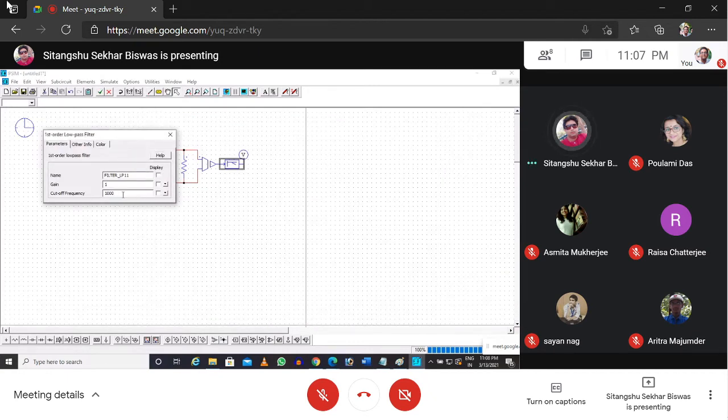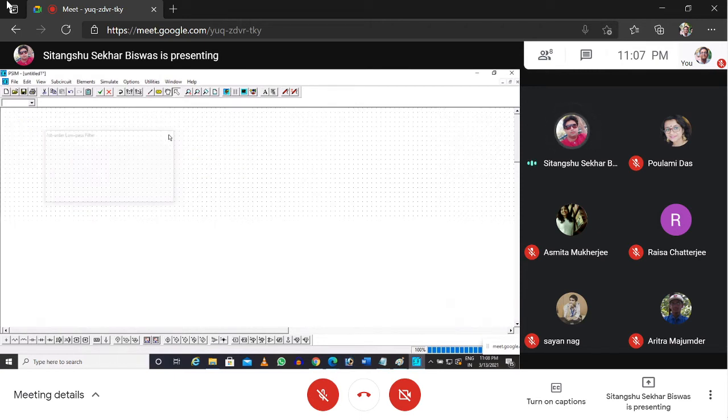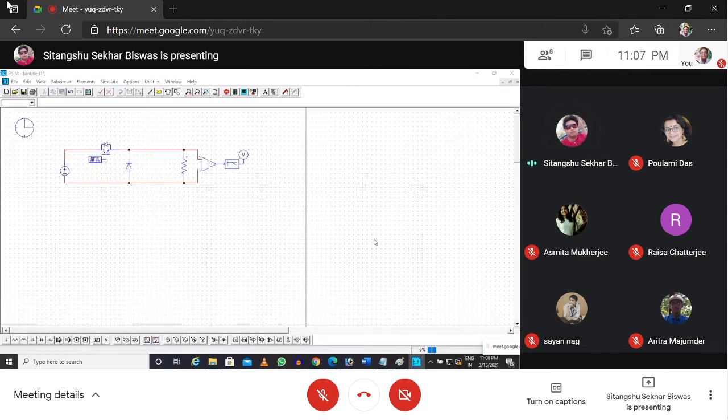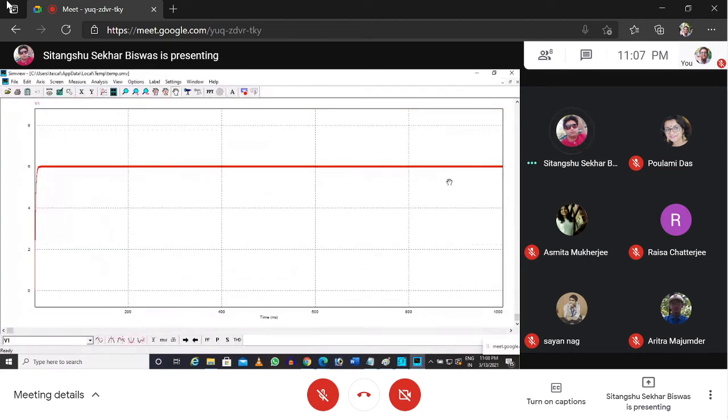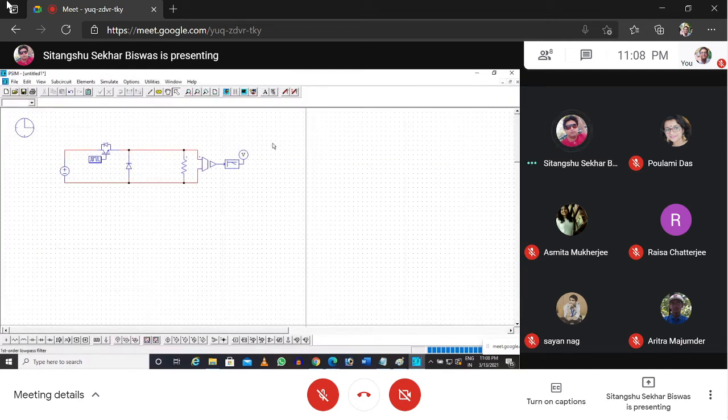Let us make it 100 hertz. See, I am getting 6 volt. But this is the ideal case. Practically, I have to bring that. If you see the actual unfiltered voltage, this is something different.